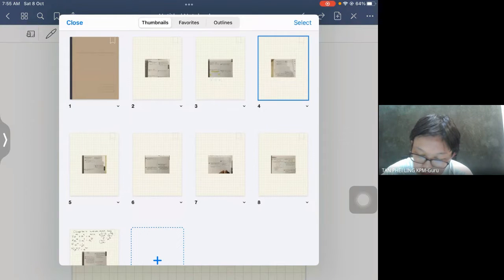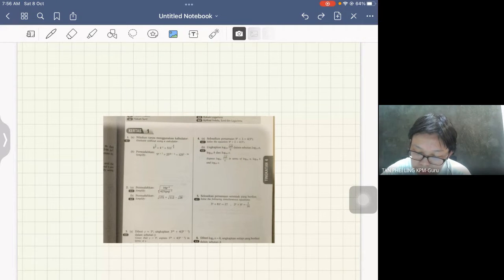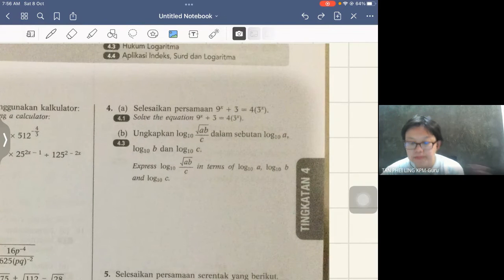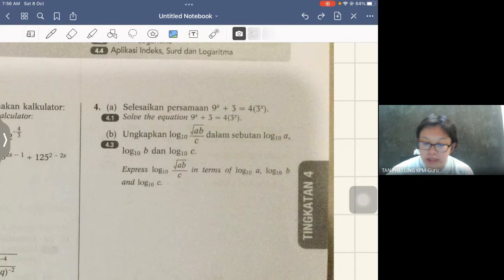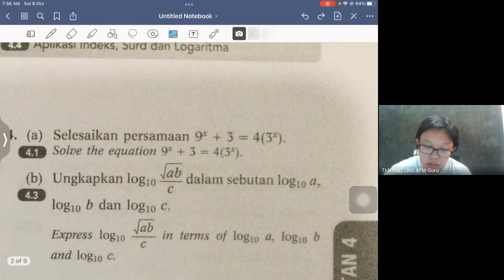Yeah, number 4 is here. Let me do 4a first, then I'll explain about the law of logarithm. So when we have 4a, you see here.